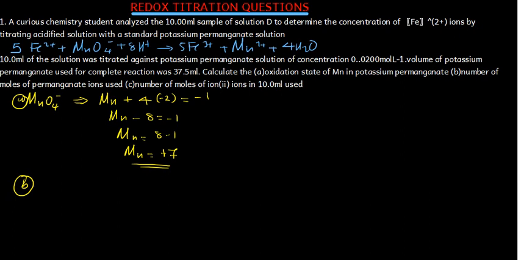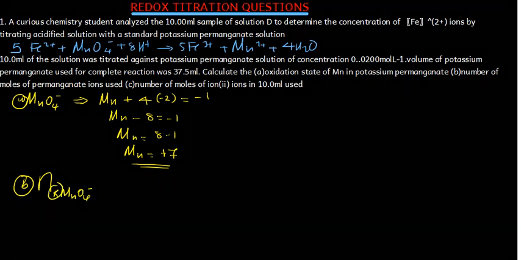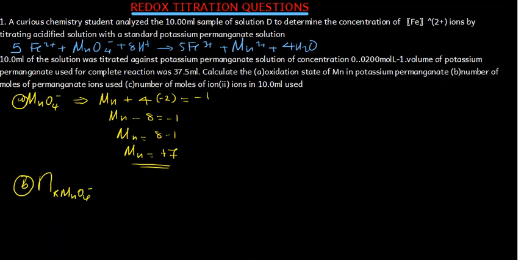So to find the number of moles, as B is asking, of this potassium permanganate: the potassium we can't see in a redox reaction because it was a spectator ion. So finding the number of moles of potassium permanganate is just the same as finding the number of moles of the permanganate ion, and that is equal to concentration times volume.